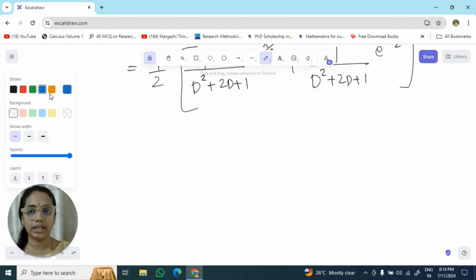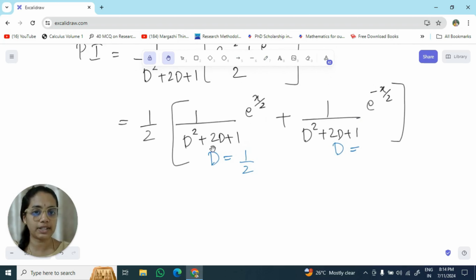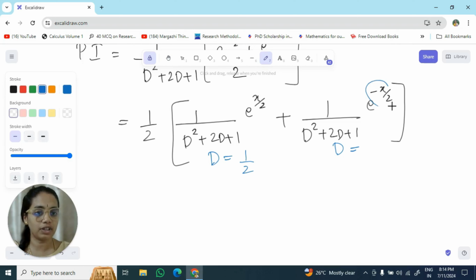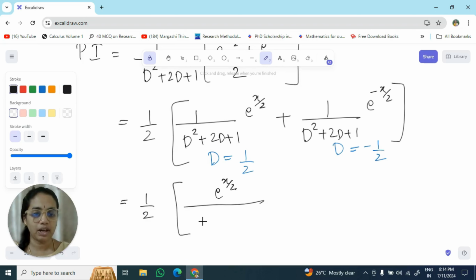All we have to do is replace. What do we have in place of d over here? We have 1 by 2. Here in place of d, the coefficient of x over here is negative 1 by 2. Right? Negative 1 by 2. So let us just replace it. So we get 1 by 2 can be written outside into e power x by 2 divided by 1 by 2 the whole square is nothing but 1 by 4 plus 2 into 1 by 2.